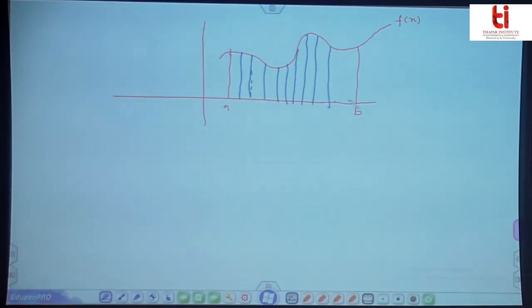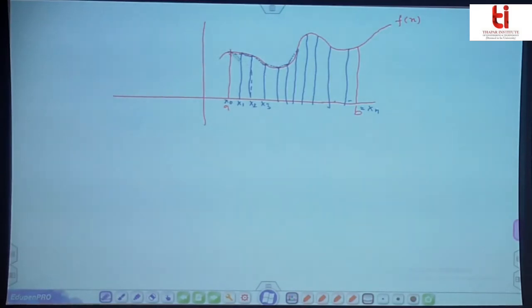So these are the points x0, x1, x2, x3 and so on, up to xn. We are approximating this function with the help of a straight line, so we are getting some error here. This is the situation if we compare the simple trapezoidal rule and the composite trapezoidal rule.